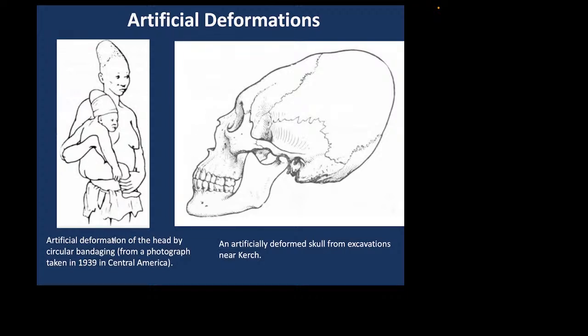Artificial deformations take place in different parts of the skull, and usually they are connected with the bandage which people put on the neurocranium, and it gives, as a result, a tall skull, a vertically oriented skull.